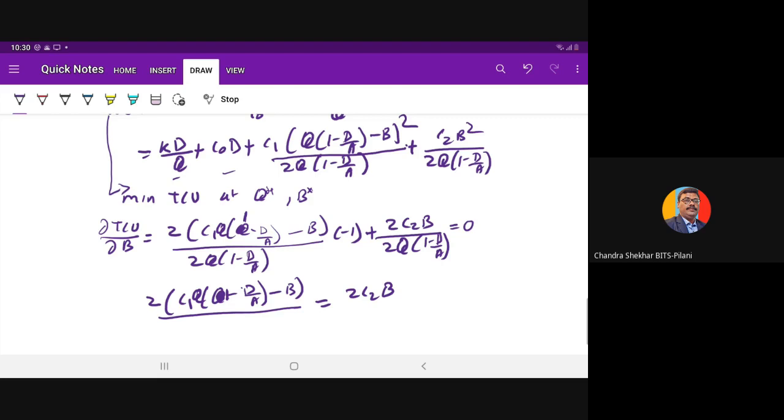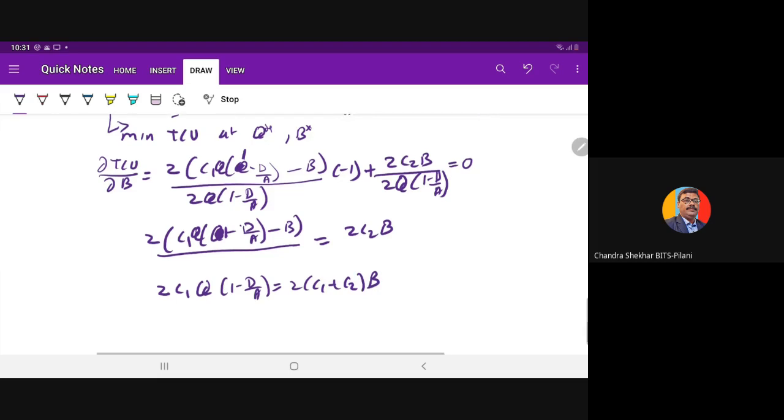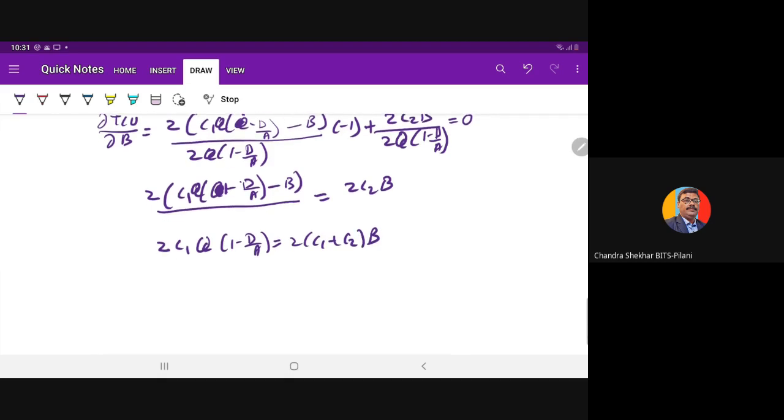So it can be written as 2C1Q into 1 minus D upon A is equal to 2 into C1 plus C2 into B. So here the 2 and 2 cancel out.